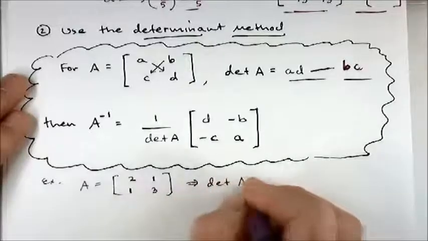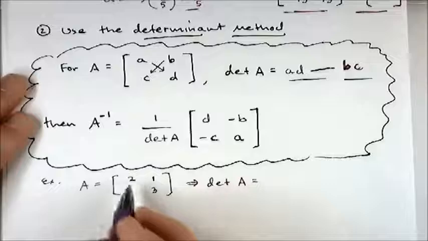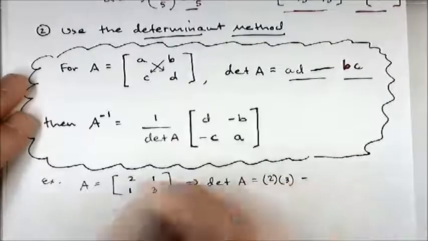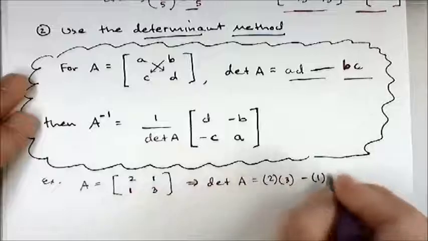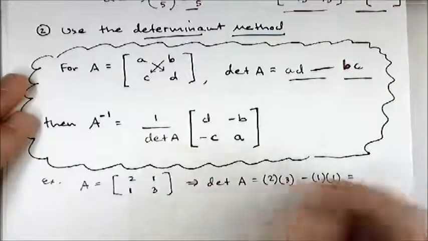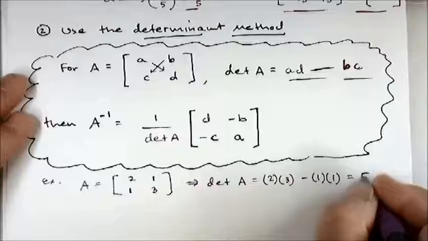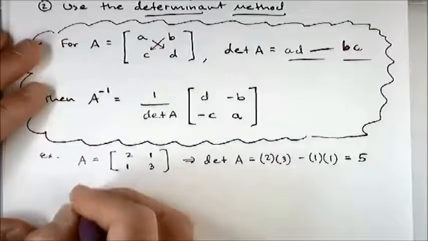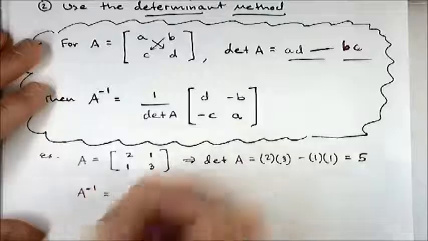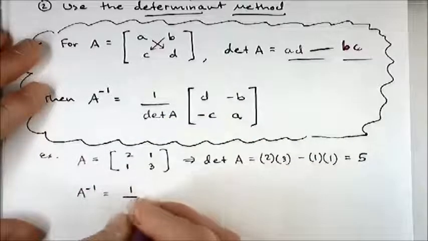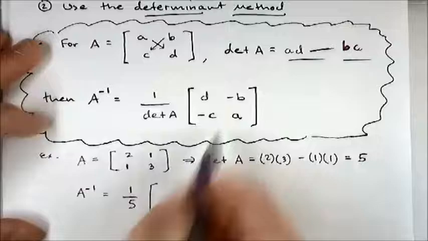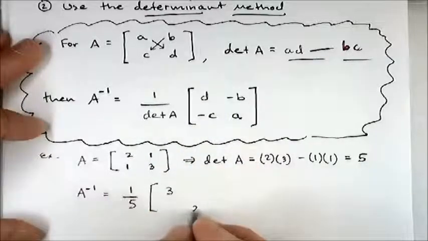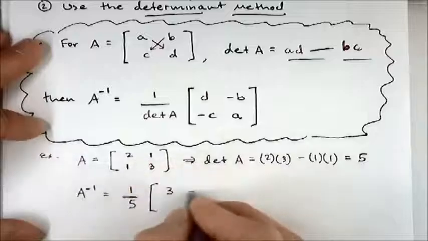The determinant of our matrix is 2 times 3, the main diagonal product, minus the off diagonal product, 1 times 1, which is 6 minus 1, which is 5. And the inverse then is going to be equal to 1 over that number we just got, 1 over 5. And then as we saw, we flip these two, the 2 and the 3 trade places, and the 2 off diagonal entries get a negative.